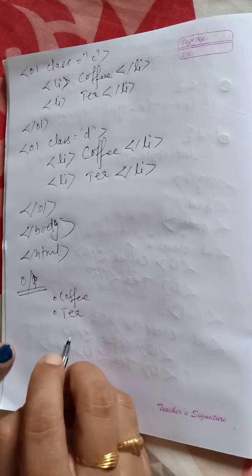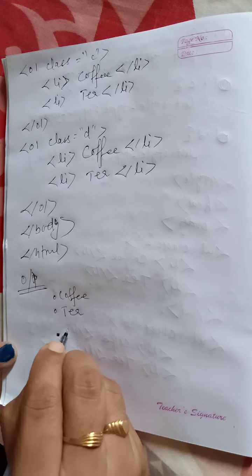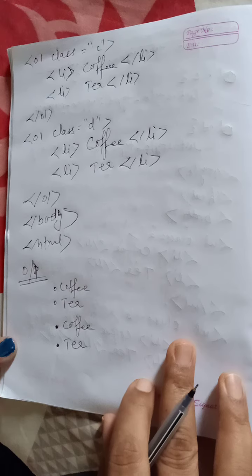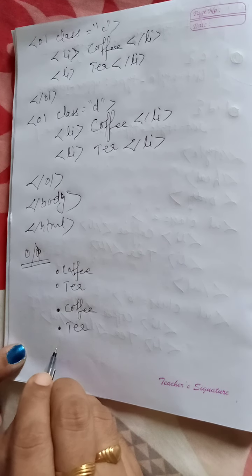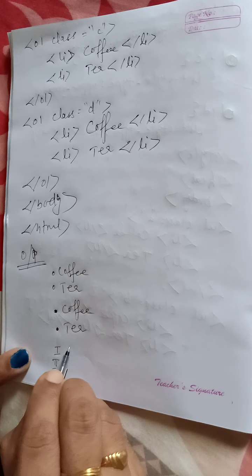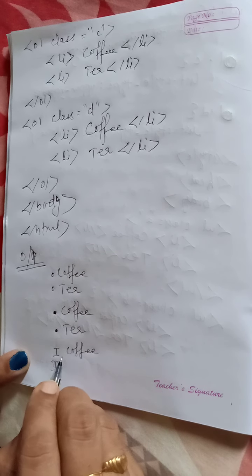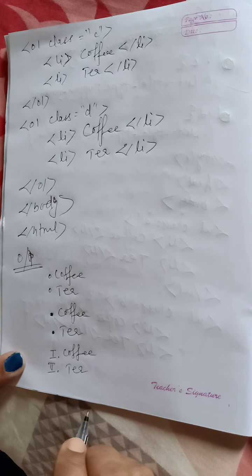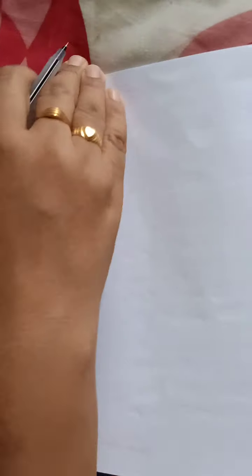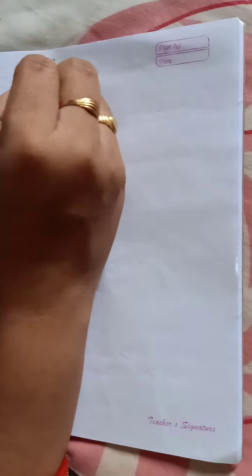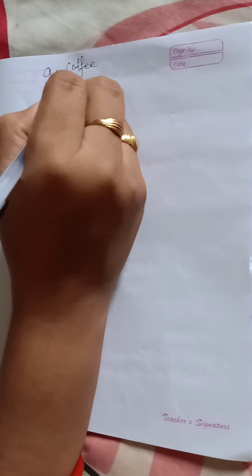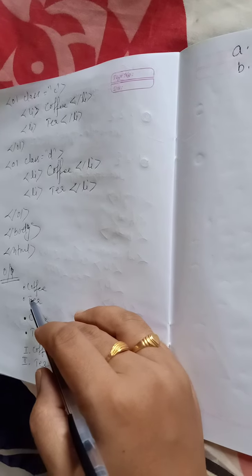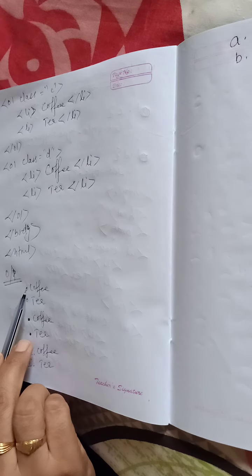This one is for class A. Then again we'll have coffee and tea for class B. Then we will again have coffee and tea for class C, and then for class D we will have coffee and tea.